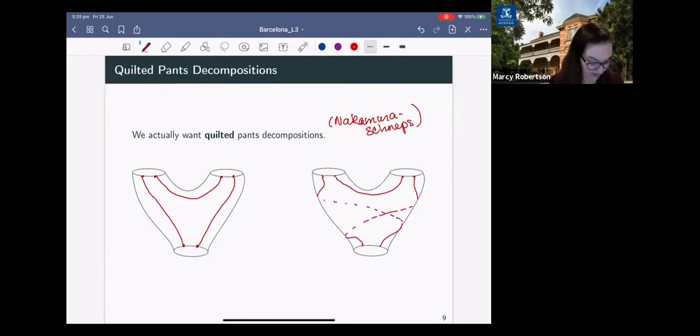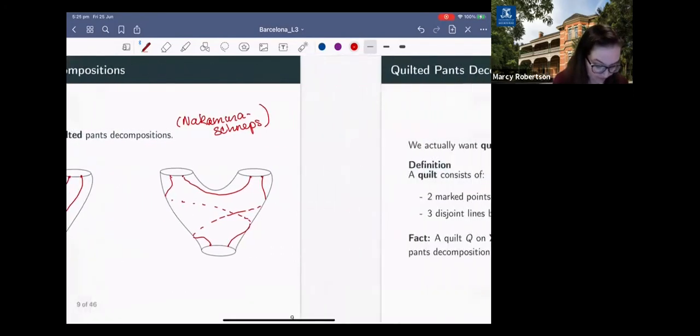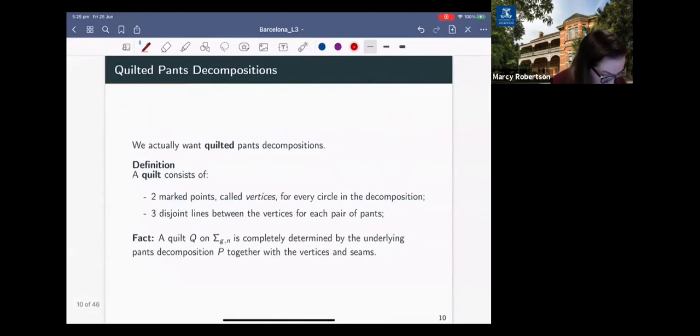I think it's enough data. So just to reiterate, what is the quilt? First you have the pants decomposition, and the quilt consists of 2 marked points, which you call vertices, for every circle.